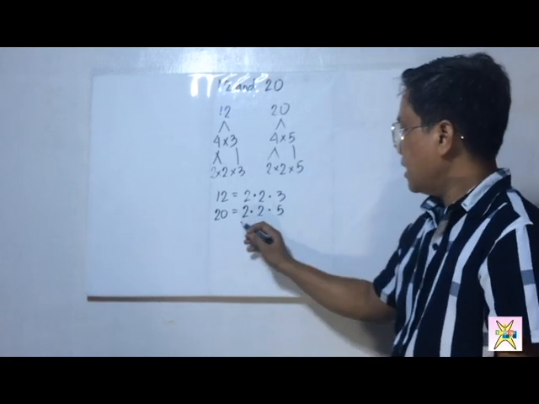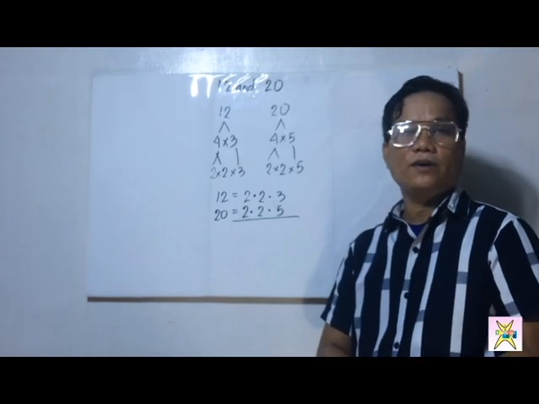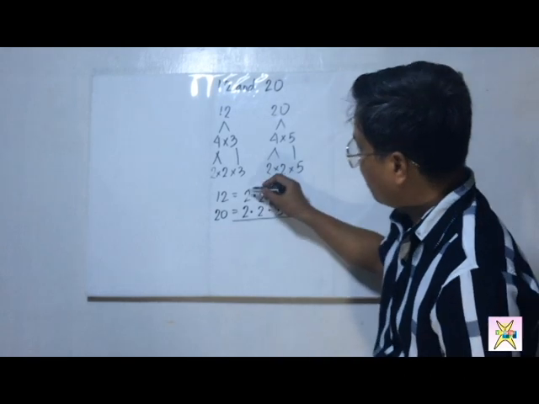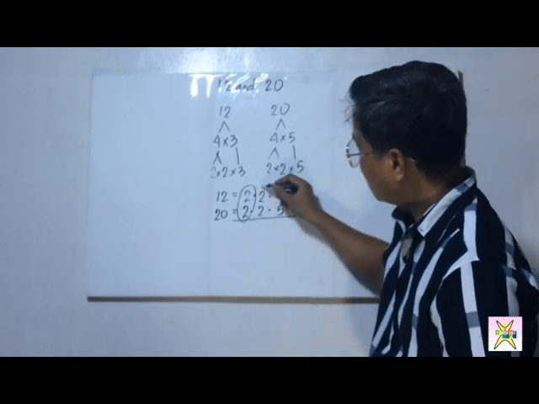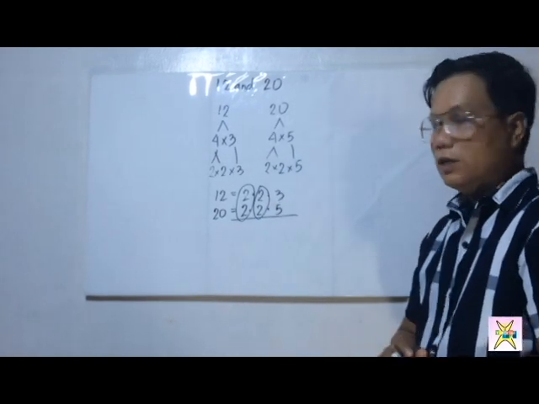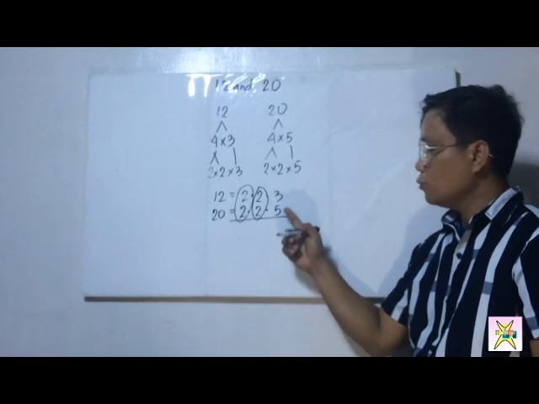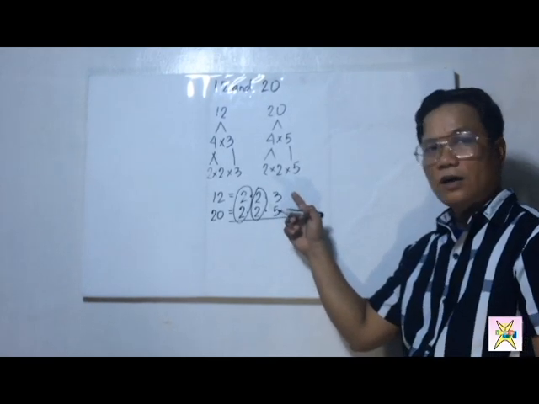Then we're going to encircle the numbers that they have in common. So we have 2 here and another 2. As you notice, we have 3 here, but we don't have it here. And we have 5 here, but we don't have it here.